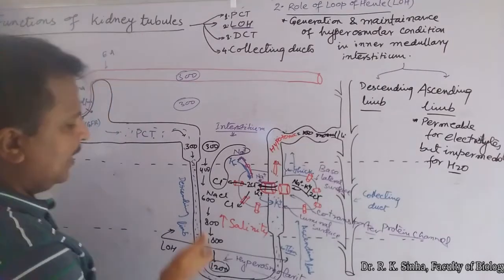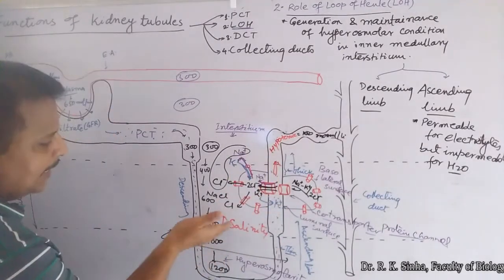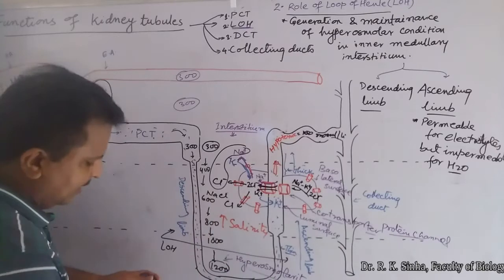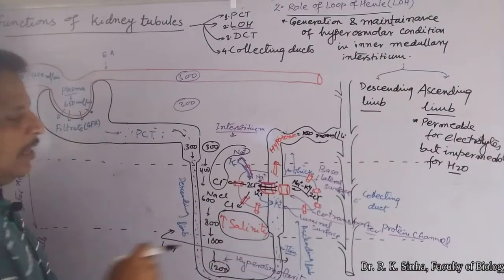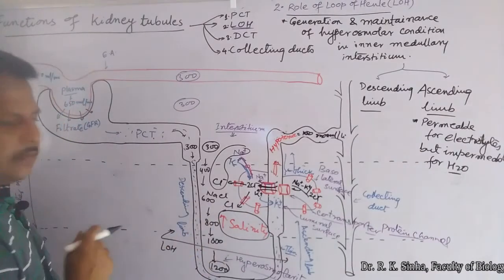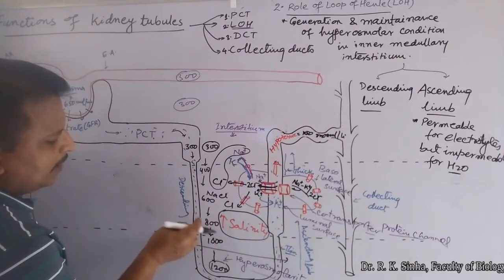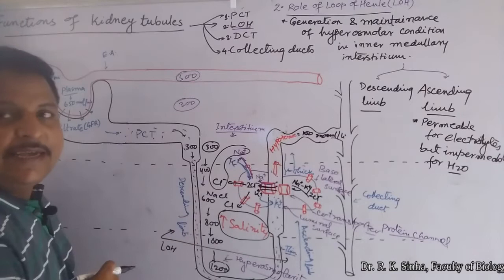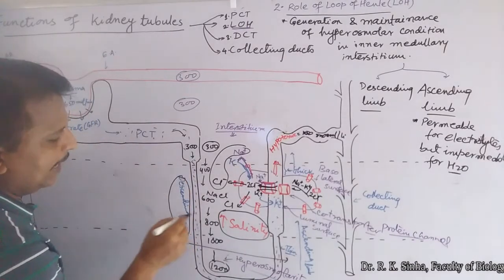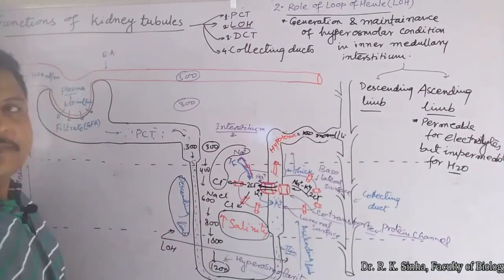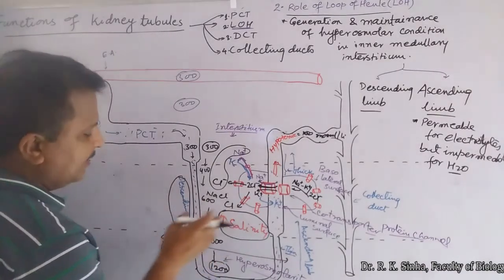Now what will happen, salt is going up, and the concentration in the medullary region is going up. This is the high salinity concentration around this limb and this limb. Here a concentration gradient is created between the descending limb of the loop of Henle and the interstitium.